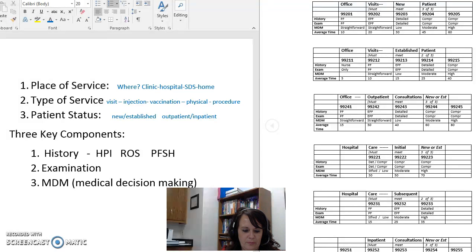Okay, got to know your alphabet here. If you go to evaluation and management and you find that area, you're on page 936 in the index, way at the back. Underneath the evaluation and management there, that's kind of bold and in blue, we want to find office or other outpatient visits.